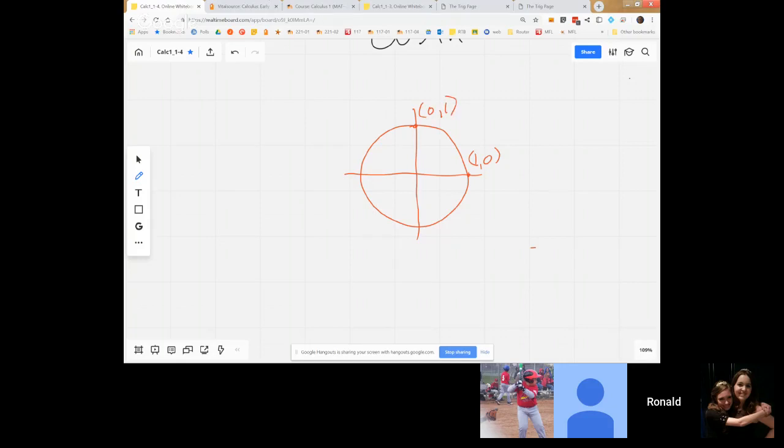And if you take one of those triangles, a right triangle, as you rotate this angle theta around, the horizontal coordinate represents the cosine. The vertical coordinate represents the sine. And the hypotenuse, as you can see in this unit circle, is forever stuck at 1.